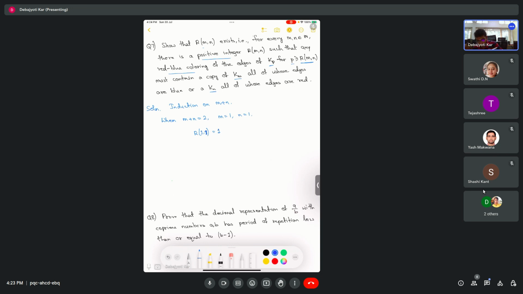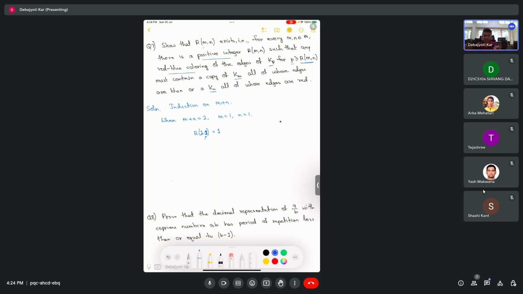And why? Because suppose we have just one vertex in a graph, there are no edges, so we don't need any coloring. And what is the condition we need? That either there will exist a complete graph on one vertex, all of whose edges are red, but there are no edges, or there will exist a complete graph on one vertex, all of whose edges are blue, but there are no edges.